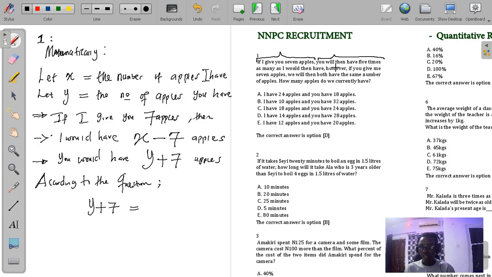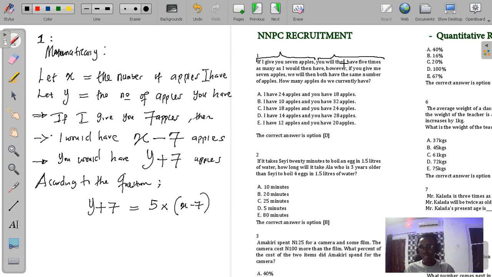You know, according to the second statement, you will have 5 times. Get that logic? 5 times as many as I have. Right? So how many apples do I have left now? I have X minus 7. So this is equation 1. So I hope this is clear.